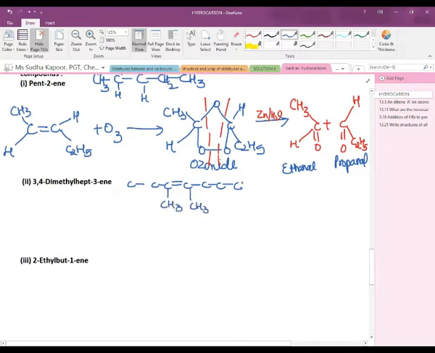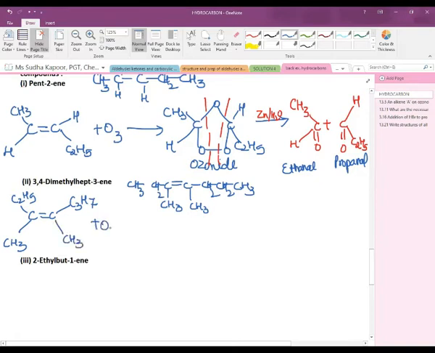So we can draw it in a simplest form, combining this CH2, CH2, CH3 as a single entity. We can make it as C double bond C. The one side it is having C2H5. On the other side it is having CH3. On one side it is having C3H7. And on the other side it is having again CH3.